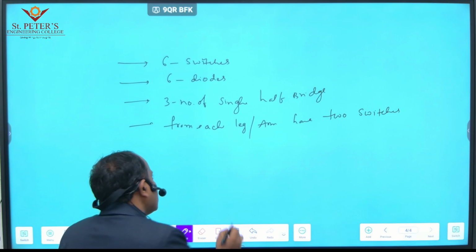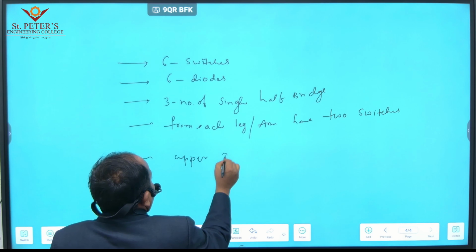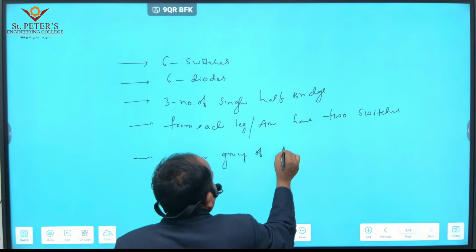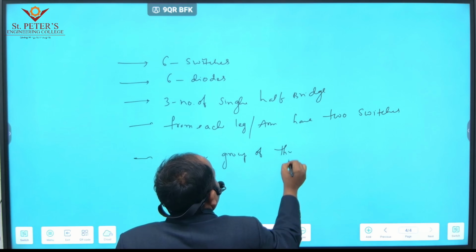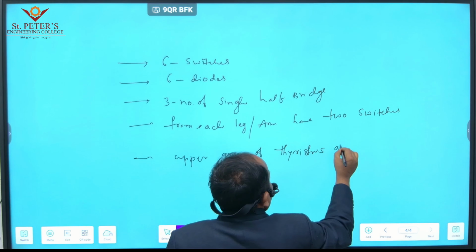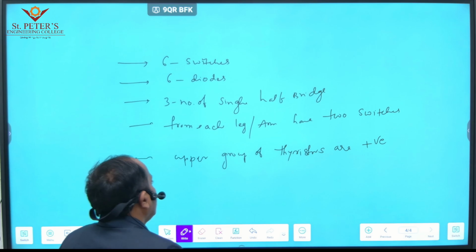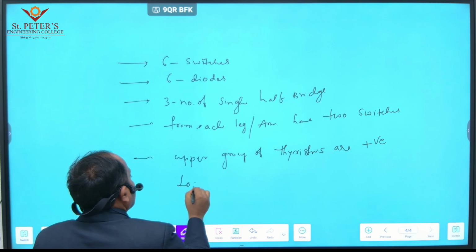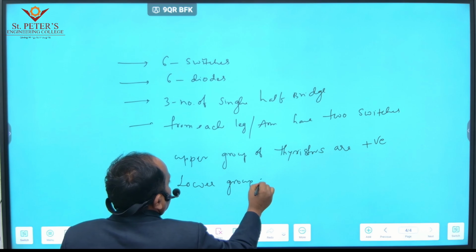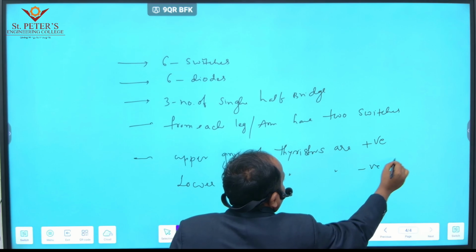So the upper group of thyristors, or switches, all give positive voltages, and at the same time the lower group of thyristors give negative voltage.